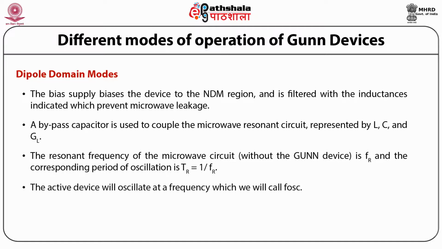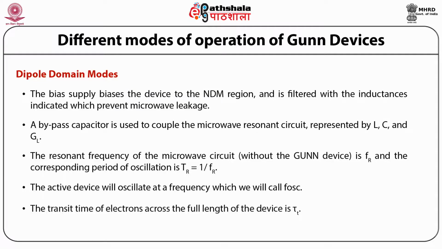So the active device will oscillate at a frequency known as F oscillation, and the transit time of electrons across the full length of the device is tau t.